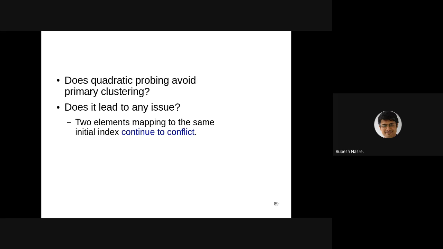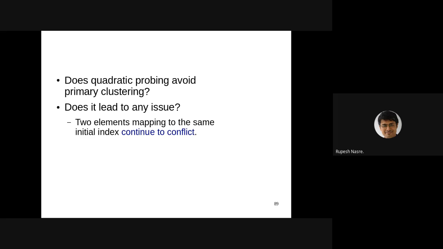It is going to get inserted to the next possible empty slot. Then the third element comes, that is going to incur 2 conflicts. Fourth element comes, it is going to incur 3 conflicts. So this is where the conflicts are going to create problems, and they are going to get linked in some way or chained in some way based on the indices provided by the quadratic probing.